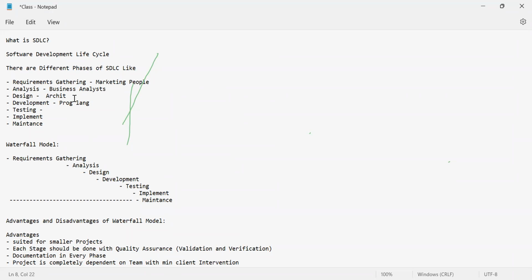Business analyst. Then architects. Then who develops the application? Developers. Then test engineers. Who tests?